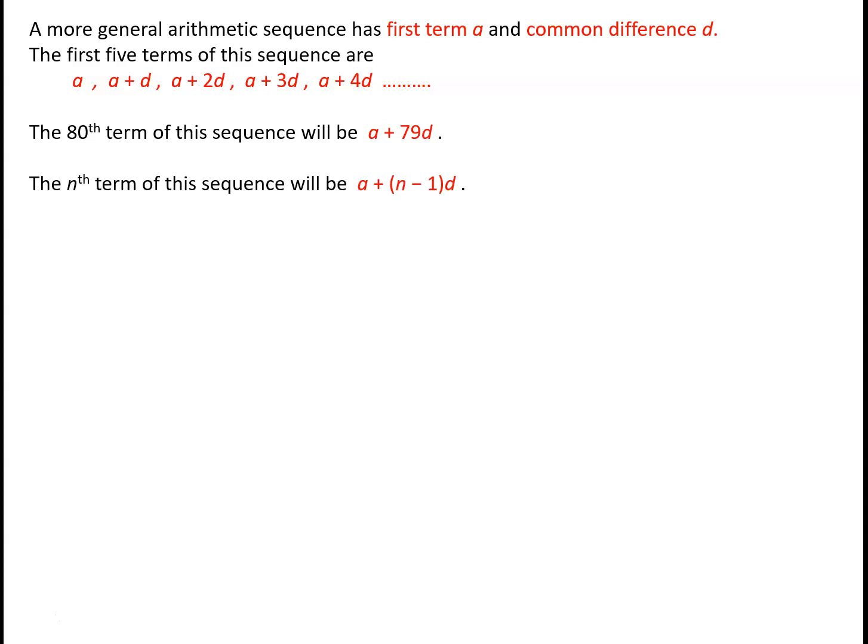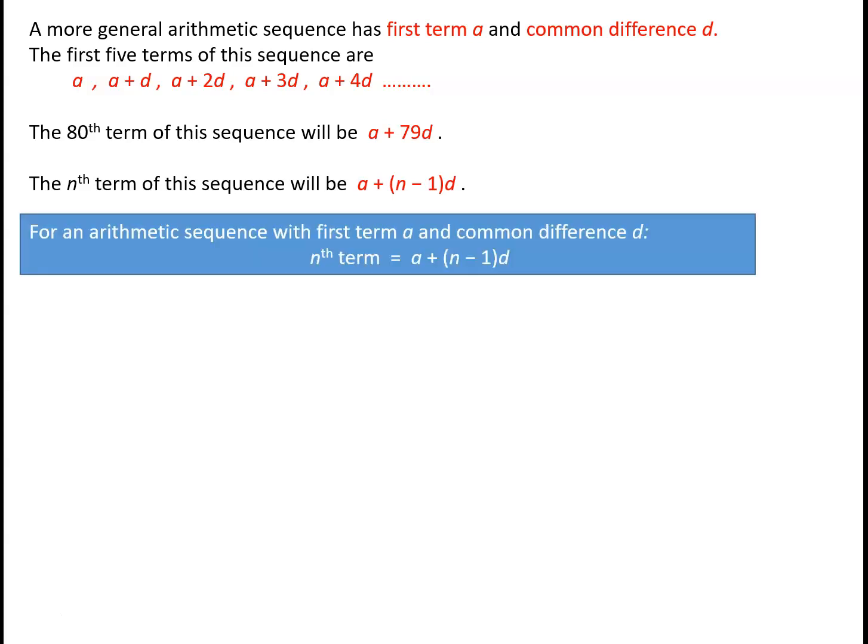And the nth term is going to be the first term a plus n minus 1 jumps of d, so that gives me a plus (n minus 1)d. For an arithmetic sequence with first term a and common difference d, the nth term is given by the expression a plus (n minus 1) times d.